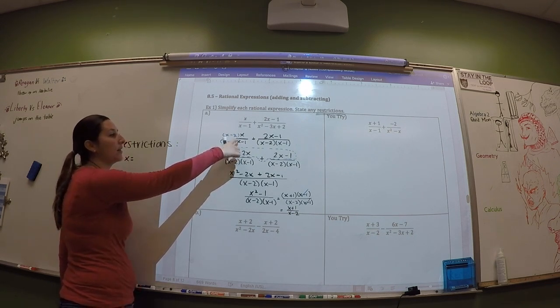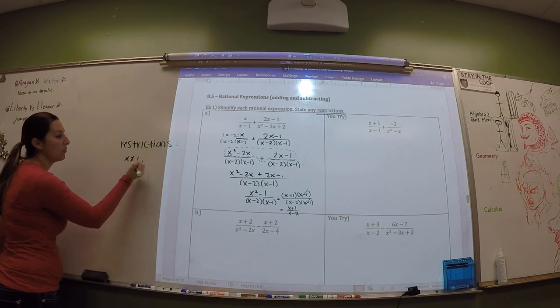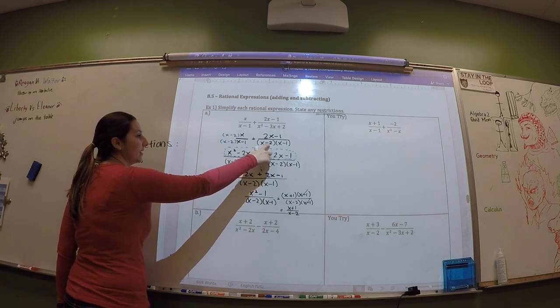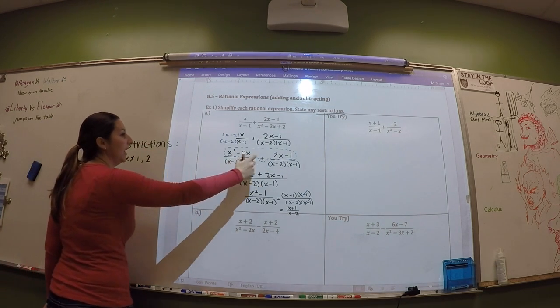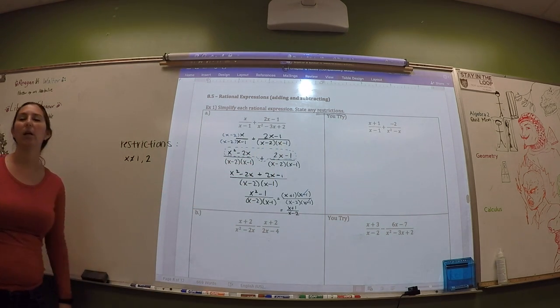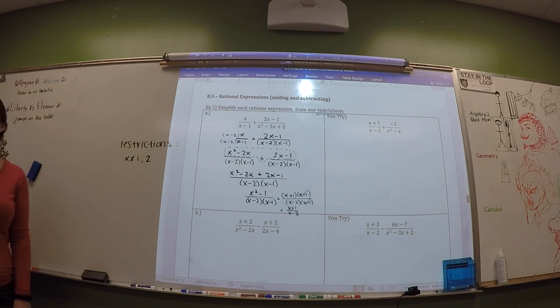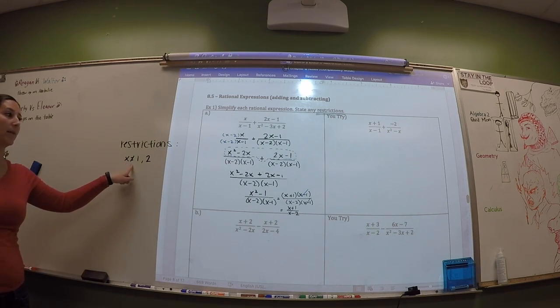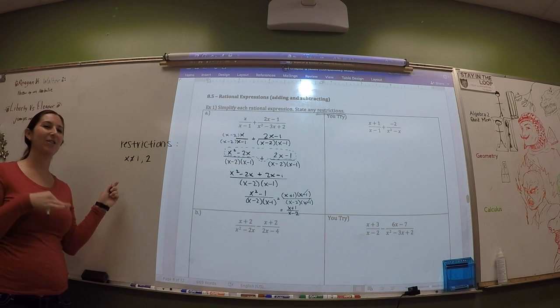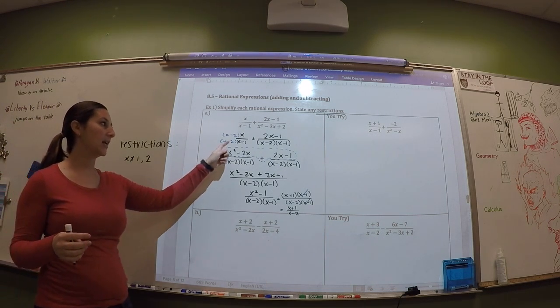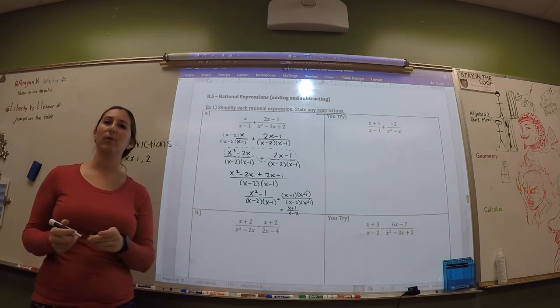That would be bad. We don't want to divide by 0. So 1 would be a restriction. Here 2 would be a restriction, and here 1 would be a restriction, but we already talked about that one. So you have 2 restrictions. X cannot be 1 and x cannot be 2, because if x is 1 or 2, we're creating denominators of 0, and we're not allowed to do that.